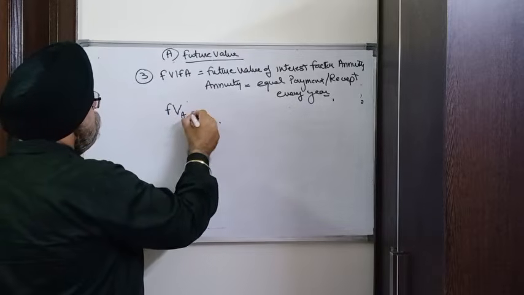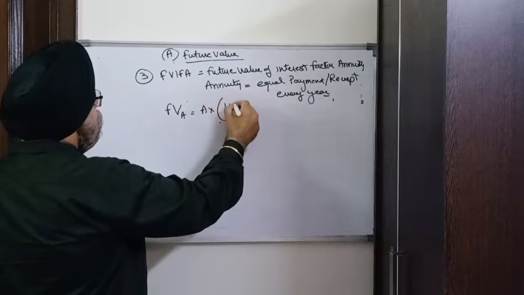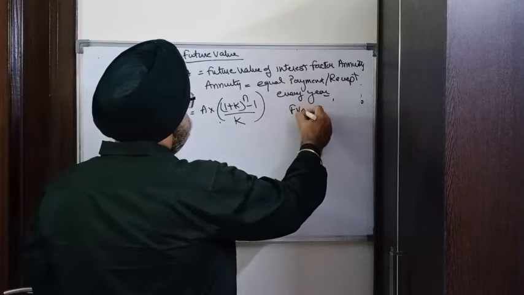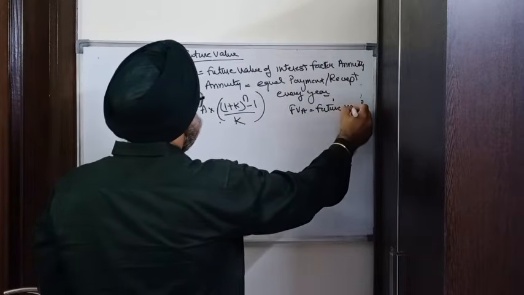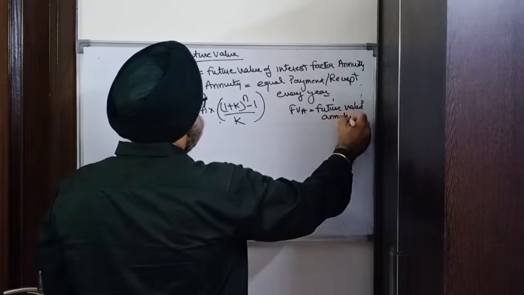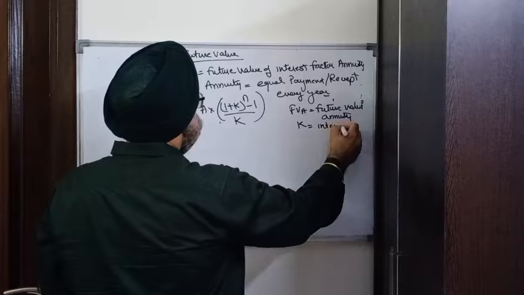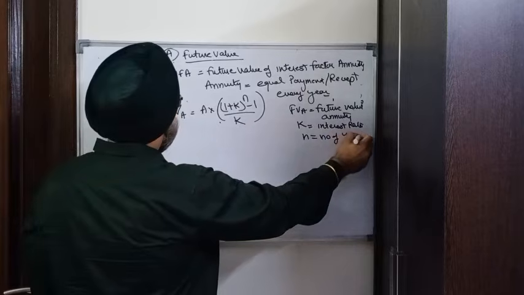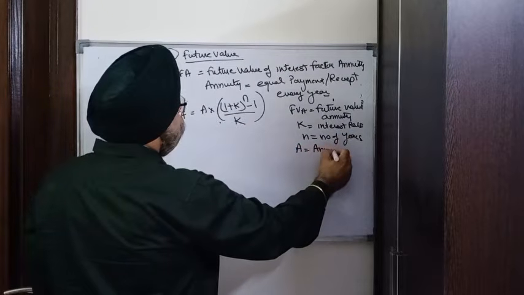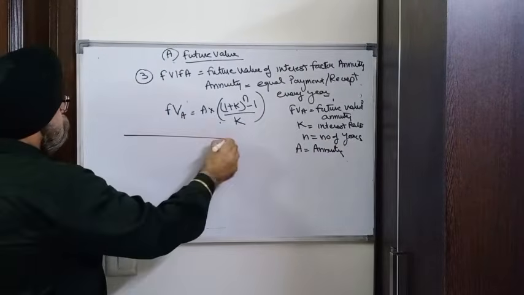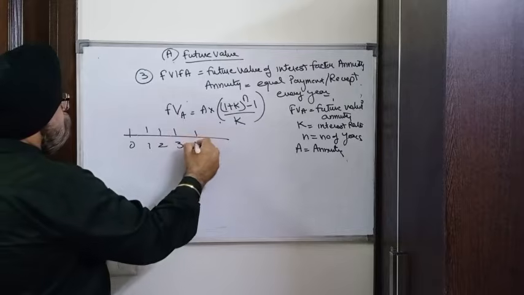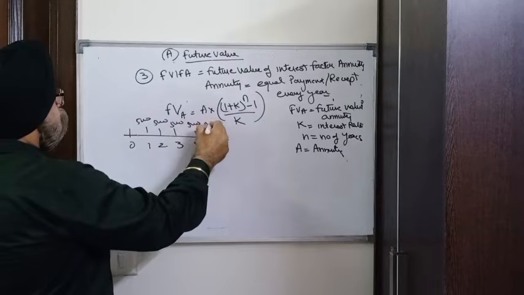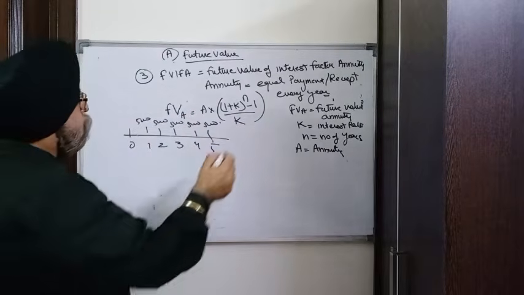Future value annuity is equal to A into ((1 plus K) raised to power N minus 1) upon K. FVA is future value annuity, K is the interest rate, N is the number of years, and A is the amount of annuity, which means on the timeline, if I am investing 5,000 rupees every year, I can easily calculate using this formula.